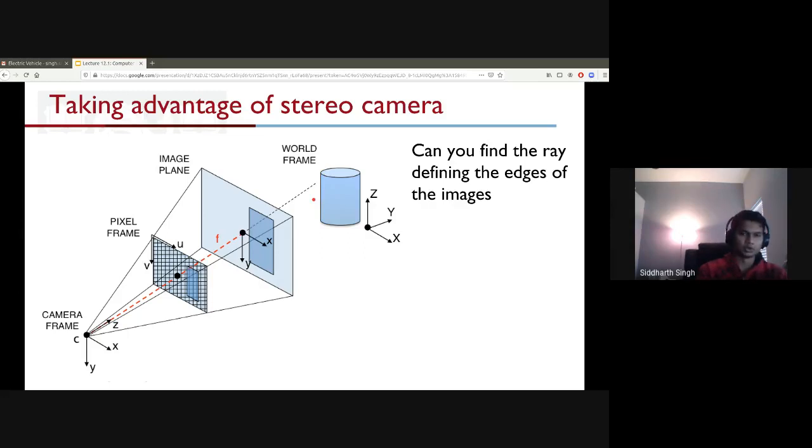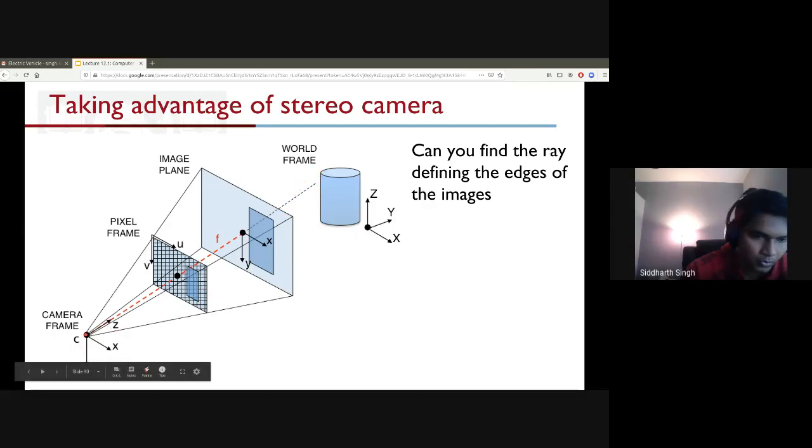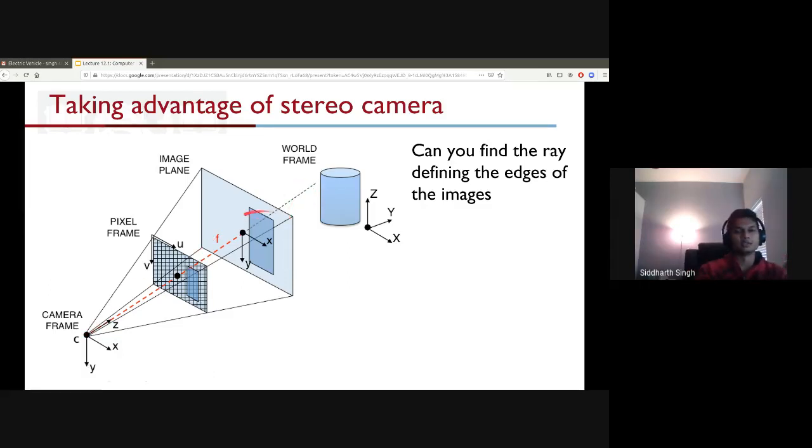If I'm seeing this one point and I make a ray from my camera center to this point, which is actually in the world, it passes through the image plane and the pixel frame in a way that I know where the v and u is, right?